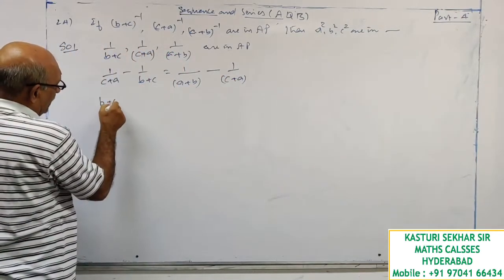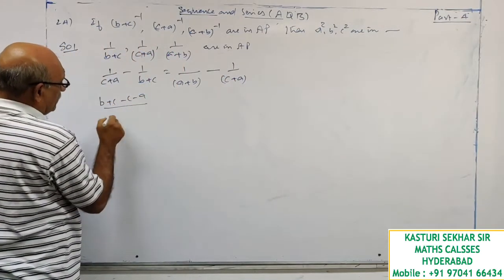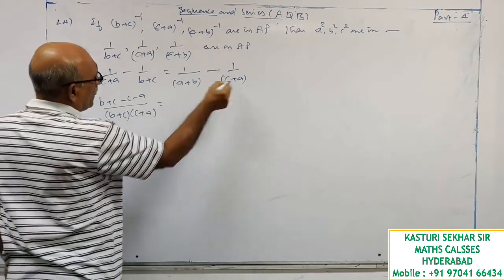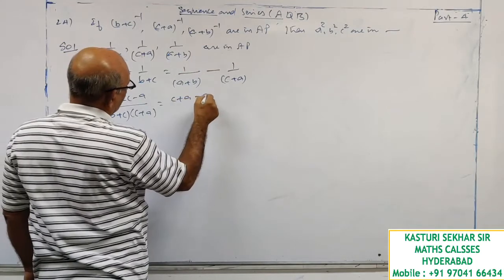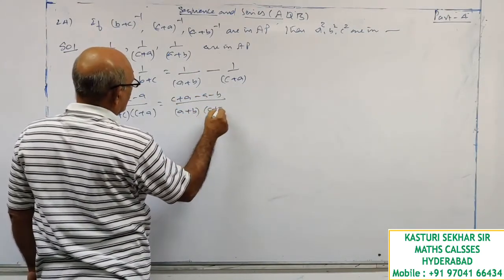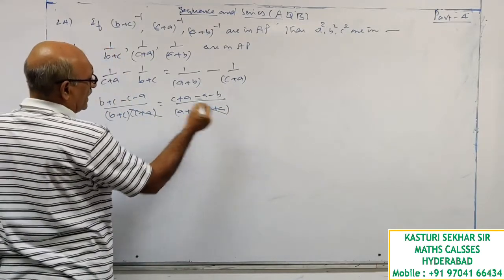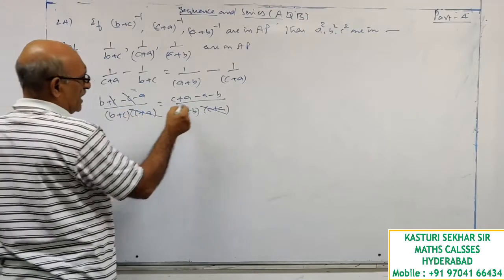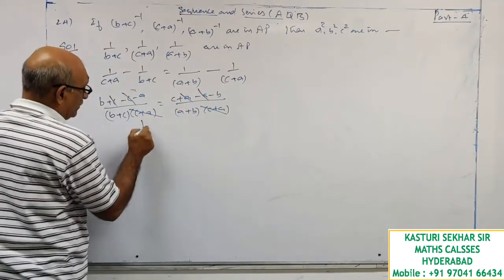Take LCM, b plus c minus a. Again when I take LCM, c plus a you can cancel, plus c minus c cancel, plus a minus a cancel.